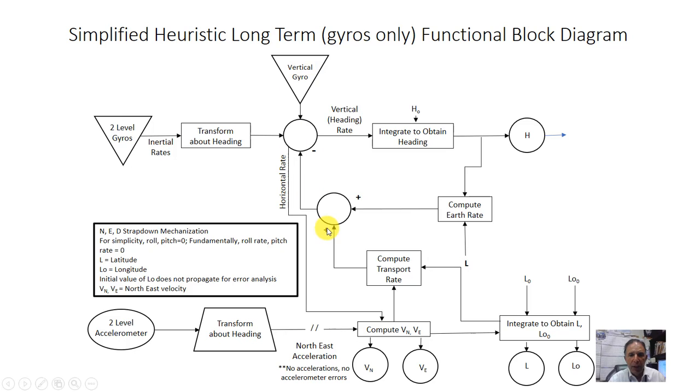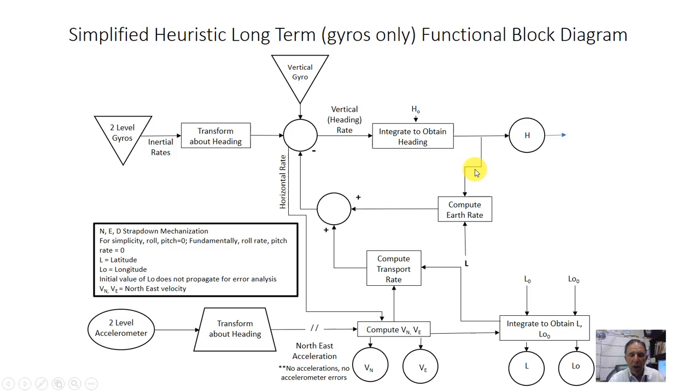Our additional inputs are initial conditions for latitude, longitude, and heading. With those 6 inputs, our outputs are longitude, latitude, east and north velocity, as well as heading.